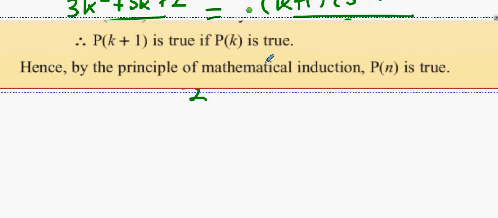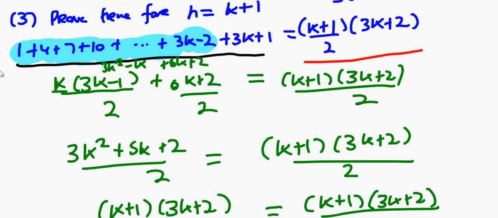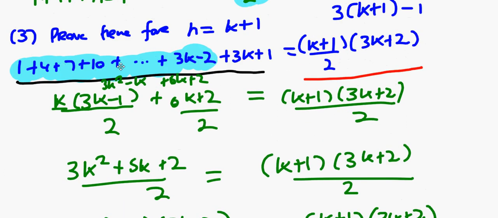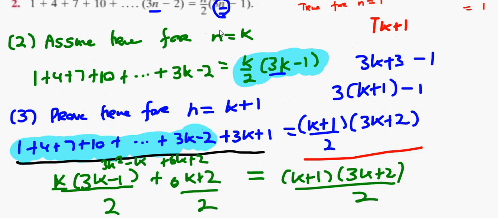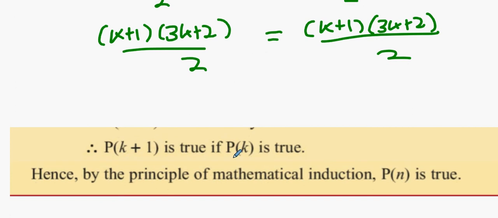And I'll explain what it means. P of k plus 1 is true if P of k is true. The two of these balance, don't they? And what's the reason they balance? The reason they balance is we took out this blue part and replaced it with this blue part up here, correct? And we assumed is the key word. We assumed that balanced. So P of k plus 1 is true if P of k is true.